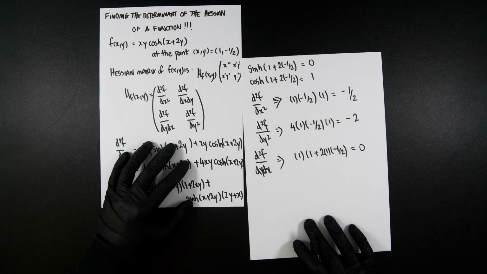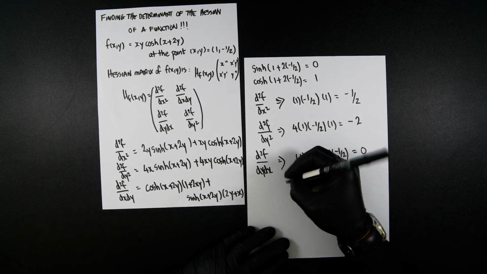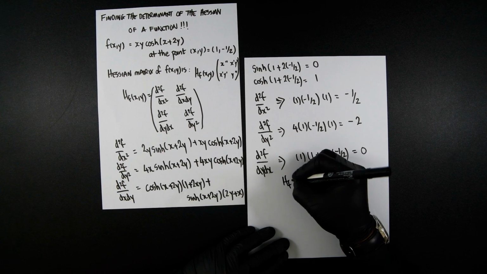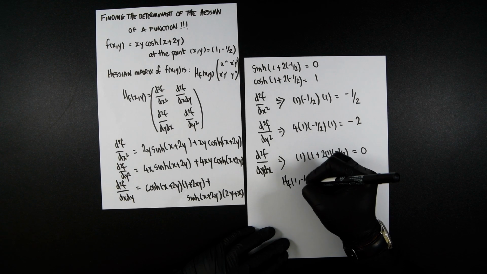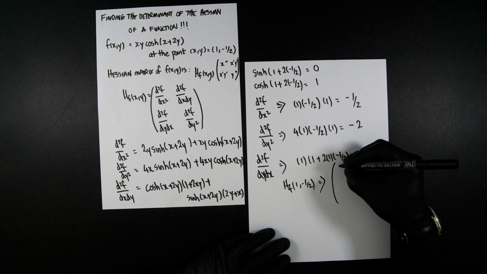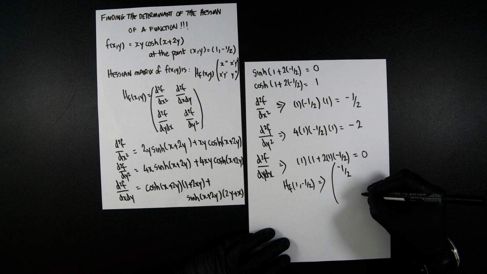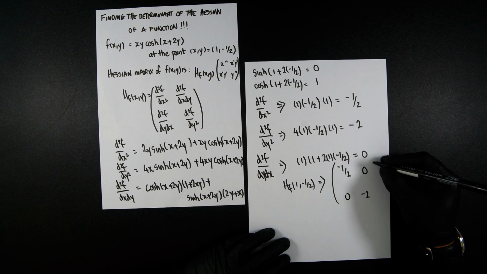We're now in the position where we've got all of these values and we can plug them into this Hessian. So our Hessian, at the point 1 and minus a half, is going to be minus a half, minus 2, 0, 0.